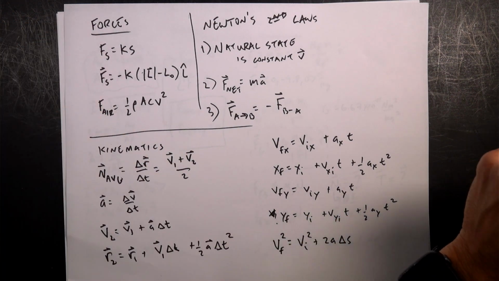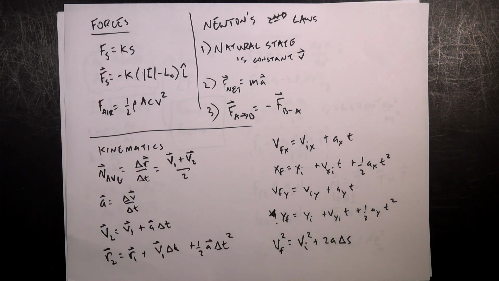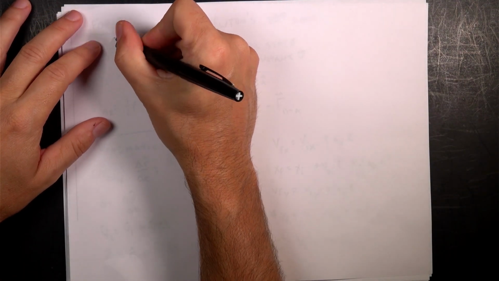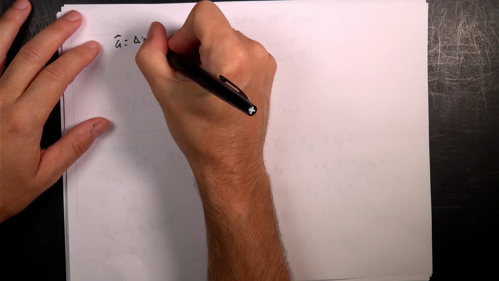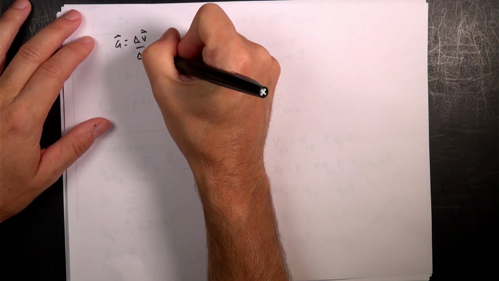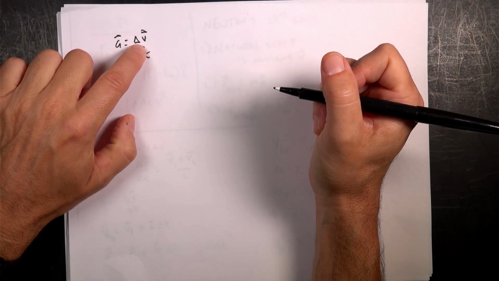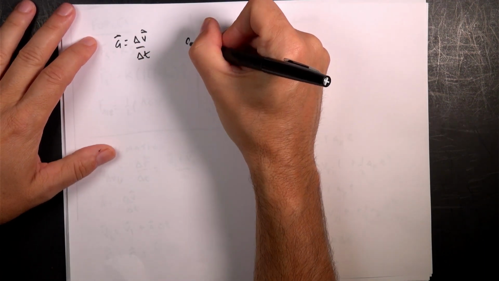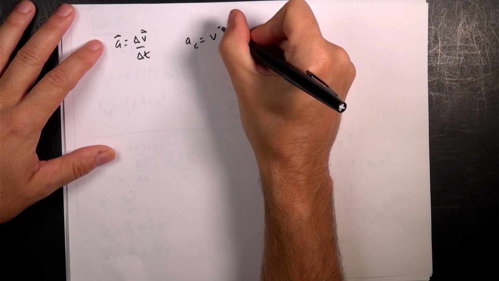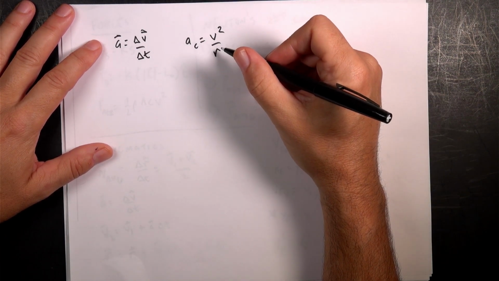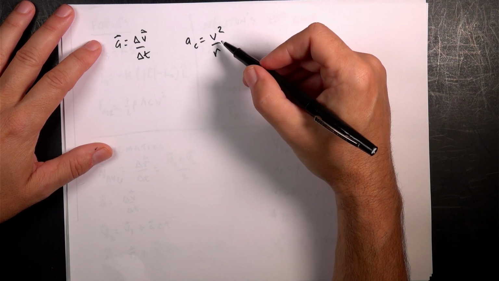Okay, moving right along. Along with kinematic equations, we have another thing for acceleration. A equals delta v over delta t. But if you're moving in a circle and your velocity magnitude doesn't change, you get this. A c equals v squared over r. This is the acceleration for an object moving in a circle of radius r with a velocity v.